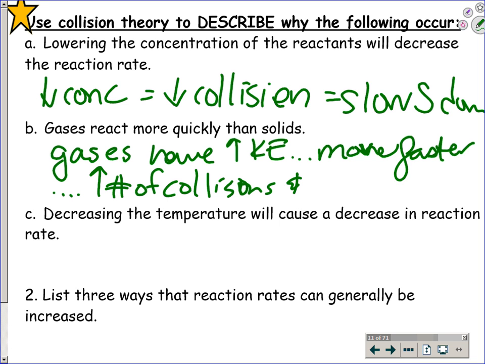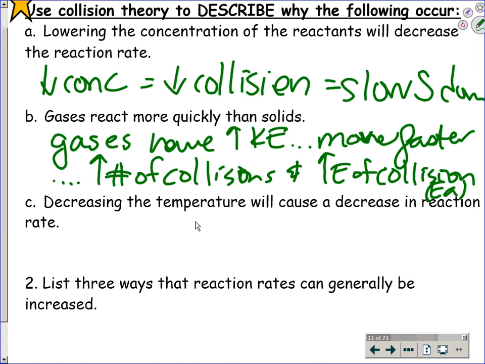Frequency of collision and energy of collision. Okay, so gases have increased kinetic energy, moving faster, increased number of collisions, and increased energy of collision, which hopefully means they meet what, guys? Activation energy. Hopefully we meet that, therefore we would have an effective collision.